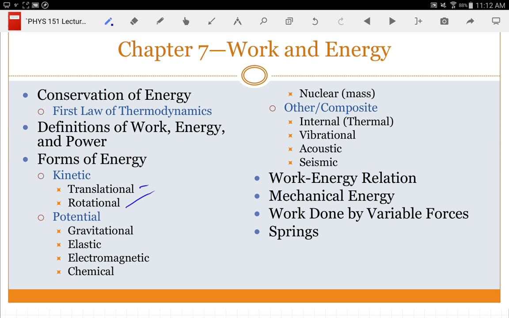Now, if you want to be technical, you can calculate the kinetic energy of that bob by taking its speed, which is pretty easy to calculate here, and using the equation 1/2 mv squared. But if you have a complicated system, not just a single mass doing that, it's a lot easier to combine all the mass together and just calculate the kinetic energy of all of the rotating mass combined. And then we call it the rotational kinetic energy.